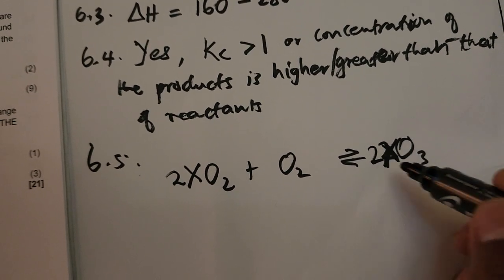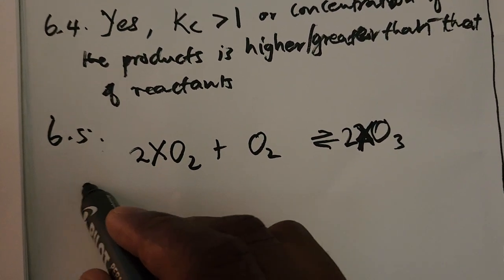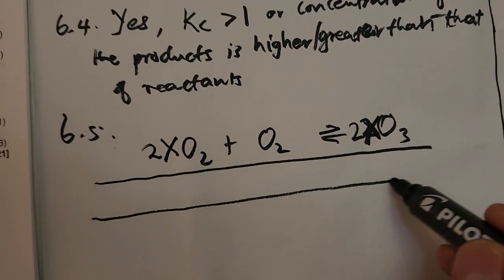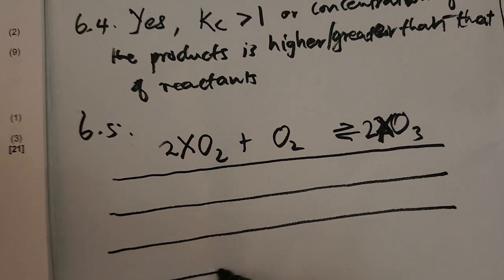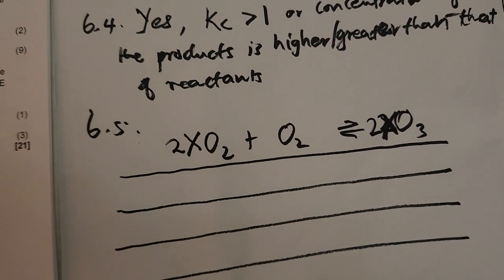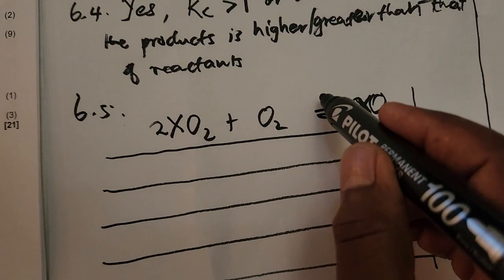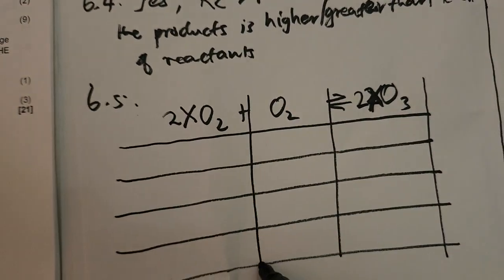What we do, the best will be draw 5 lines. That's the best method. Draw 5 lines below. Every substance must have its own column.